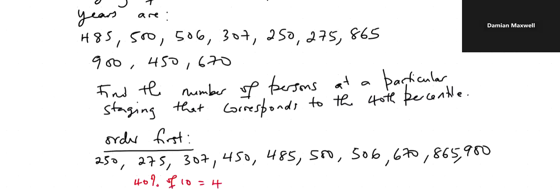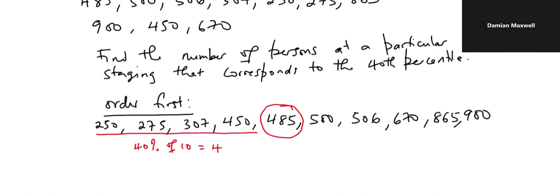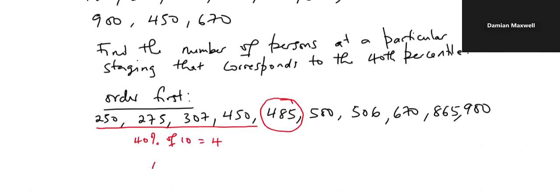So it means that we want 4 data values to the left of that particular value. This is where the 40th percentile will be. So 40% means 40 divided by 100, and if you times that by 10, that's how we get the 4.